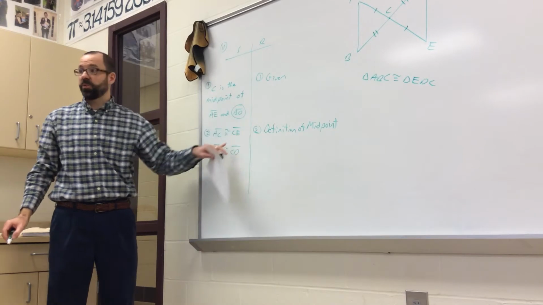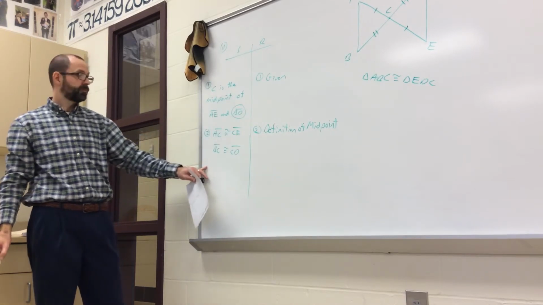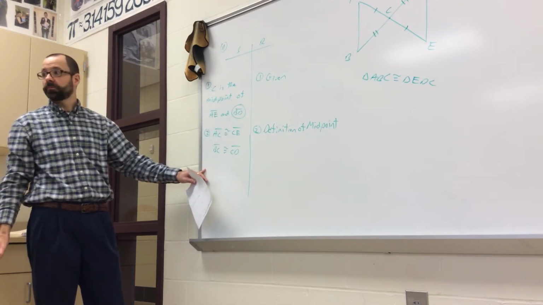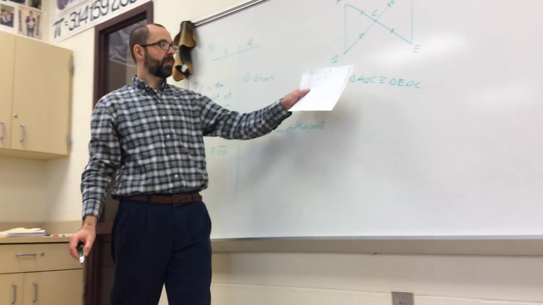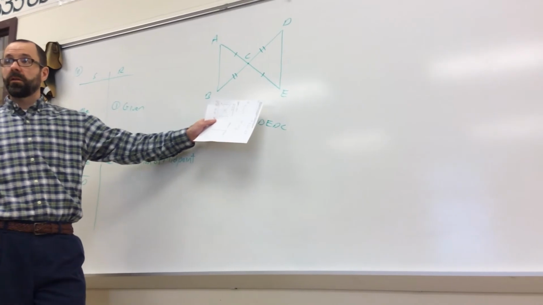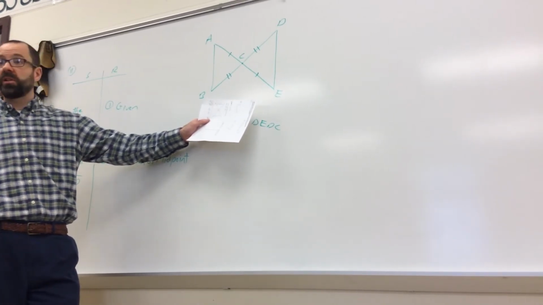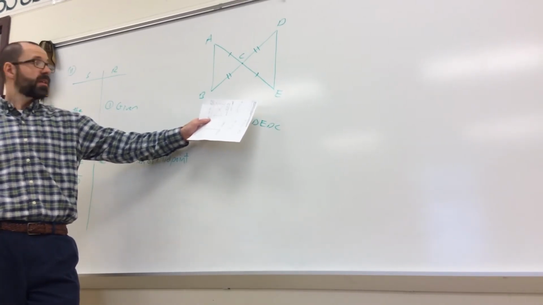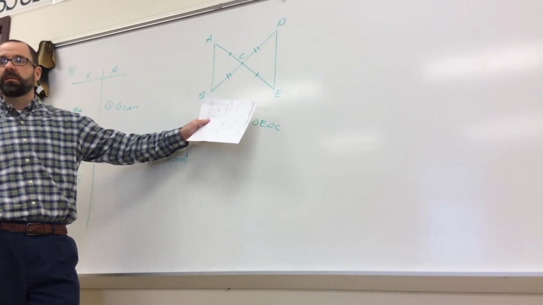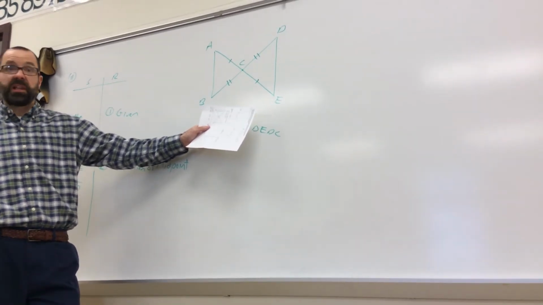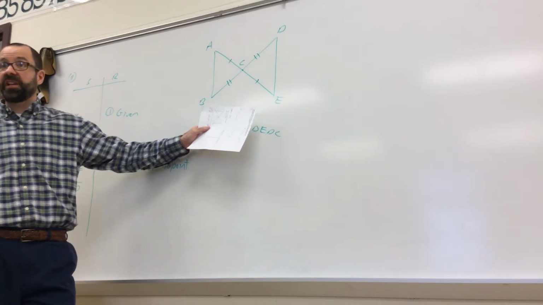Same reason, so I can put it in the same step. Okay, so I'm pretty close to proving that the triangles are congruent. So far I've got two pair of sides. That's not enough to prove that the triangles are congruent, right? Two pair of sides is not enough. It'd be nice if there was a shortcut that was SS, but there's not.